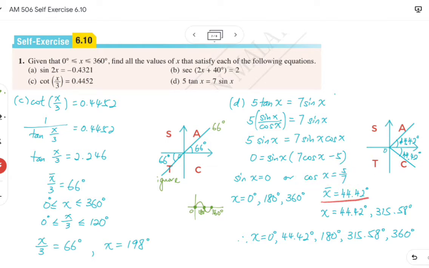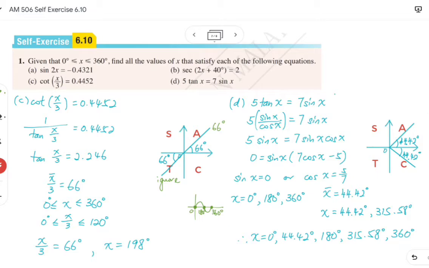So get the reference angle, 44.42, and put the reference angle into the quadrant so that cosine x will be positive. So, we put 44.42 in quadrant 1 and quadrant 4.